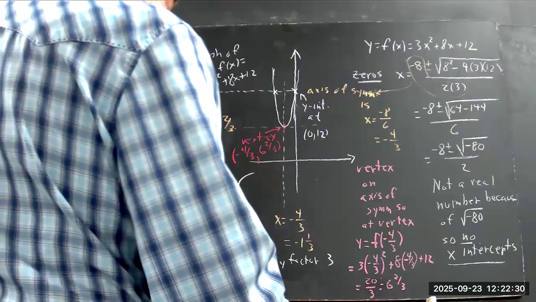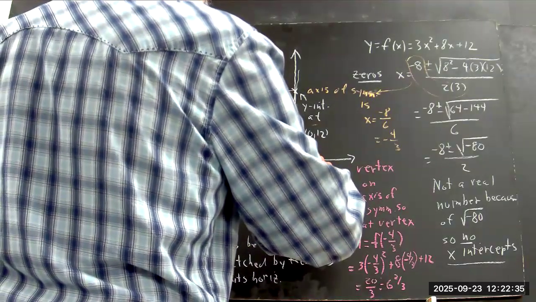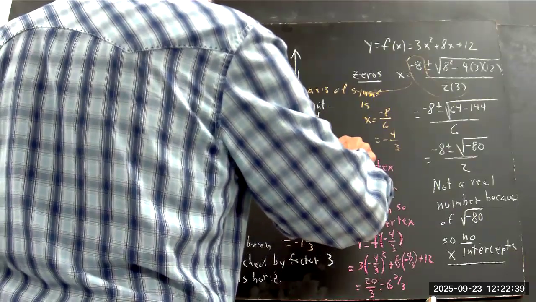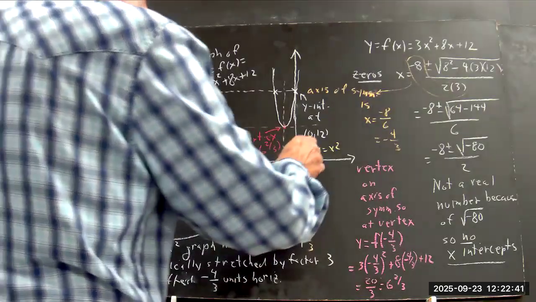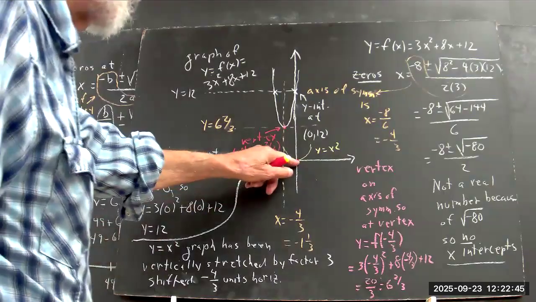Let me go ahead and sketch a there's y equals x squared parabola. Here's the red dot, its vertex.